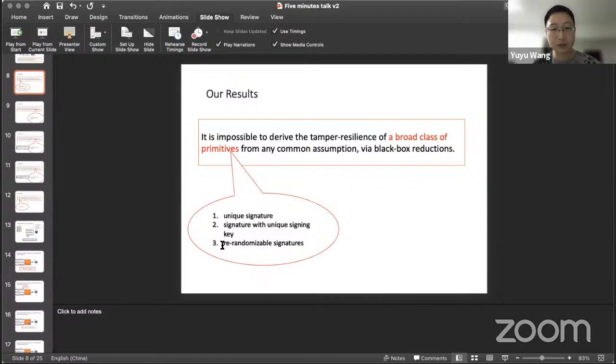If we have a randomizable signature, then the negative result also holds, since we can randomize the signature generated by the reduction and the one generated by the adversary, and the distributions of the signatures will be the same, which also gives the negative result, since the one given by the adversary can be simulated by the reduction. But I'm not sure if we can have other properties. That will be a good direction, I think.